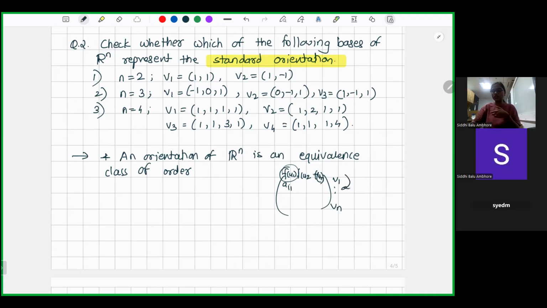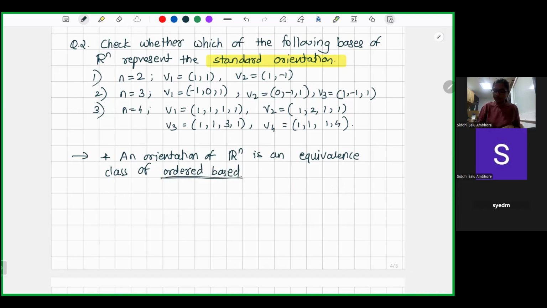If I switch V2 and V1, the entries will change, and that will change the determinant of the matrix as well. We know that swapping two columns or two rows gives the negative of the determinant of the original matrix. So this is what ordered basis means.